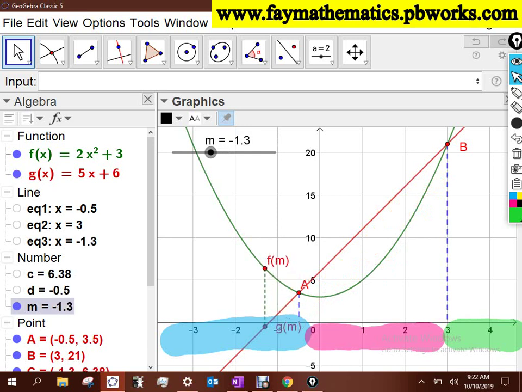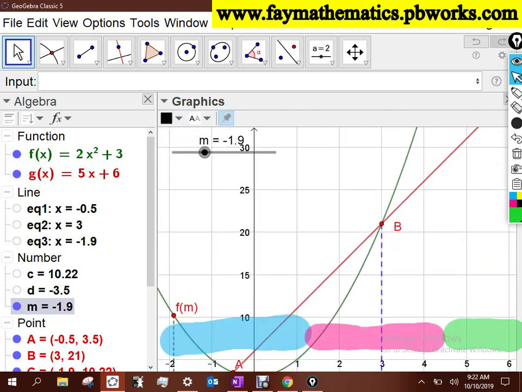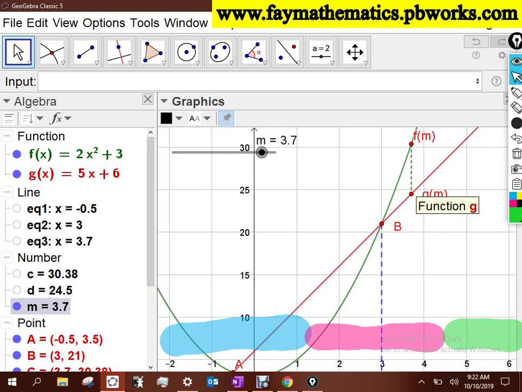But as I go over here, now f is a larger y value than g, right? Does that make sense? So over there, we would say this is where f of m is greater than g of m. In the middle, it's g of m greater than f of m. And then to the right, we're back to f of m being bigger than g of m. Does that make sense, everybody?